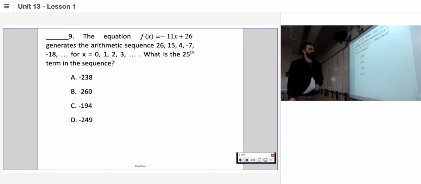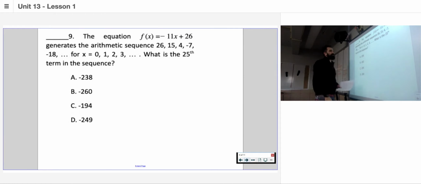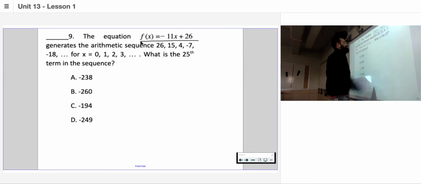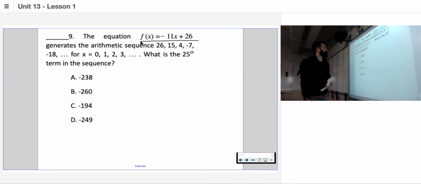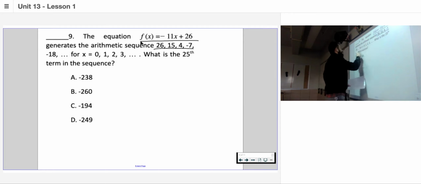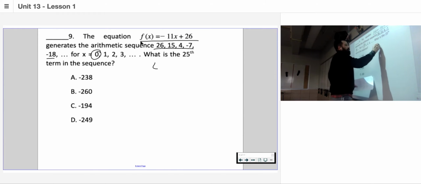Number 9, the equation f of x equals negative 11x plus 26 generates the arithmetic sequence 26, 15, 4, negative 7, and negative 18. Again, we're starting at term 0.